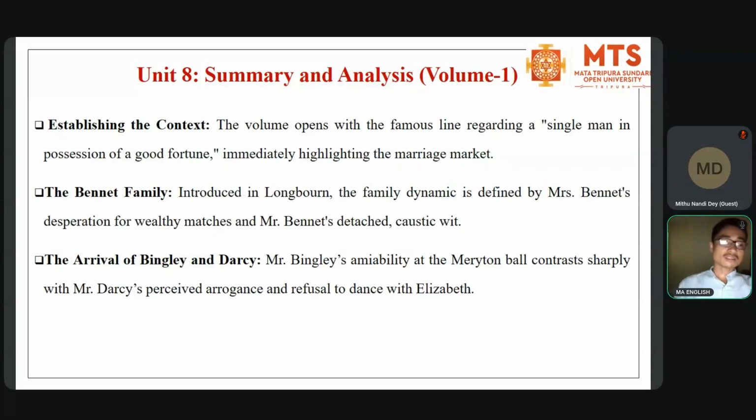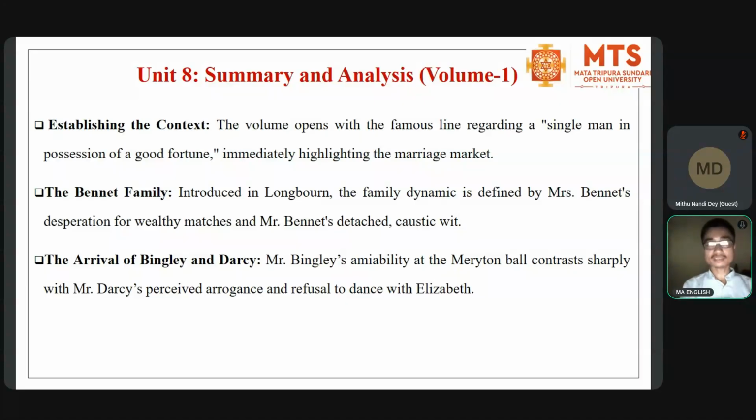Mrs. Bennett is very desperate to marry off her five daughters, because if Mr. Bennett dies, their estate and wealth will go to their male cousin. So she is looking for good grooms for her daughters, one young man after the other.